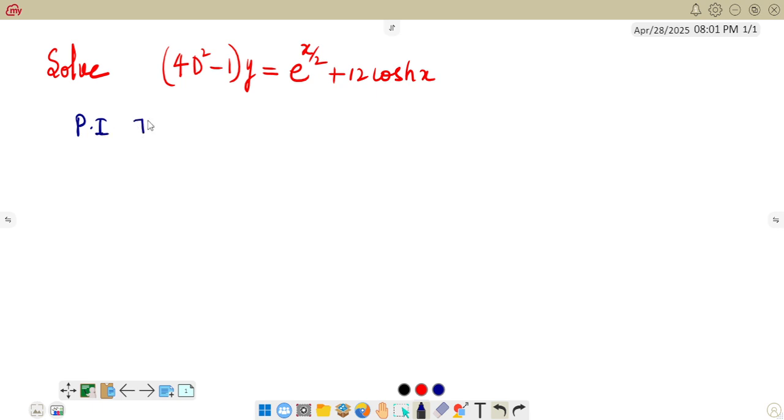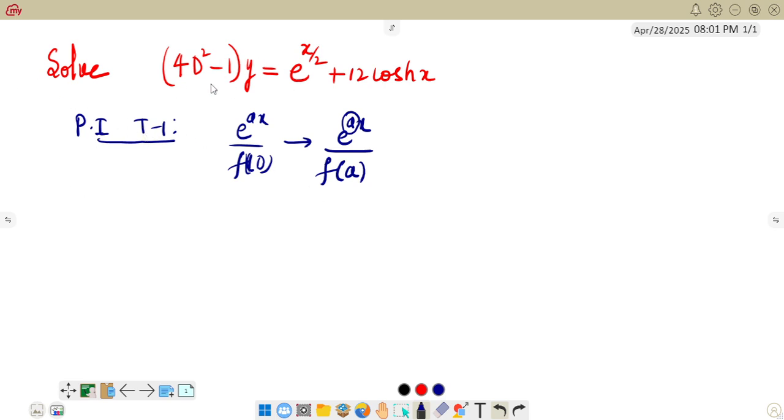The right side, phi of x, is an exponential e raised to ax divided by a function of D. To evaluate this kind of function, we keep the numerator exponential as it is, and in the denominator D is replaced by this a value, that is function of a, to find the particular integral.